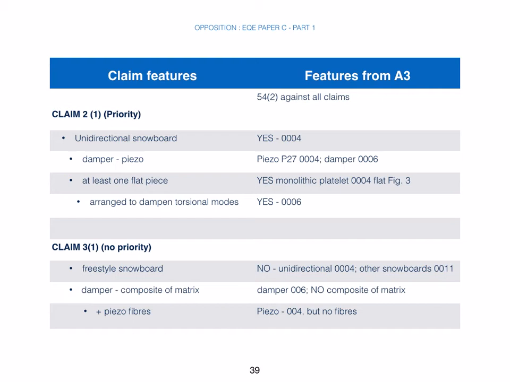Yes, monolithic platelet 4, which is flat, figure 3. Is it arranged to dampen torsional modes? Yes, paragraph 6. Note that all of claim 2 features seem to be known from A3, but claim 1 is novel over A3, so that would be a question of inventive step later.